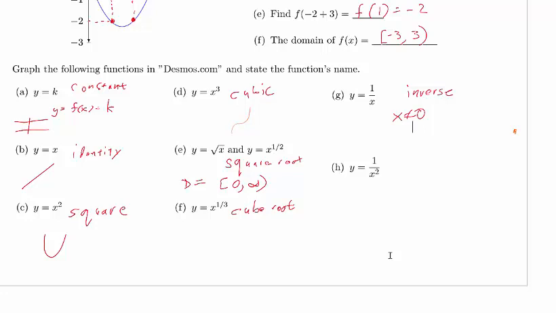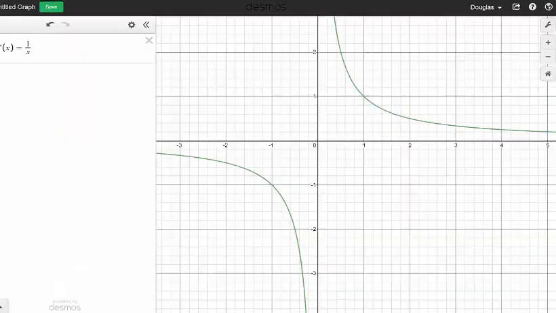And then this next one is the inverse square. The shape is very similar, except it's going to approach infinity faster when you get closer to 0. Let's go ahead and just plot two different versions of these.